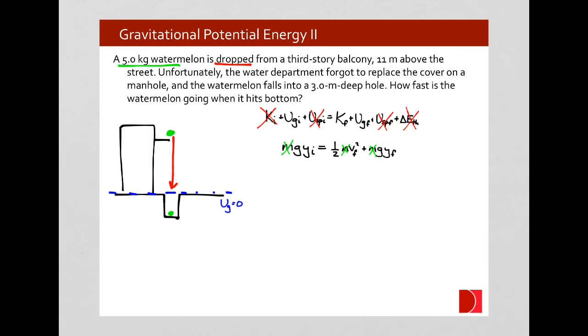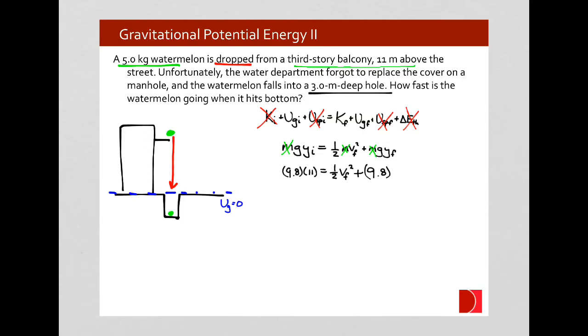We're told that we're initially 11 meters above the street, so that's our initial gravitational potential energy. We don't know the velocity when we hit the ground. That's what we want to find. And at the end, when the watermelon is hitting the ground, we are 3 meters deep.